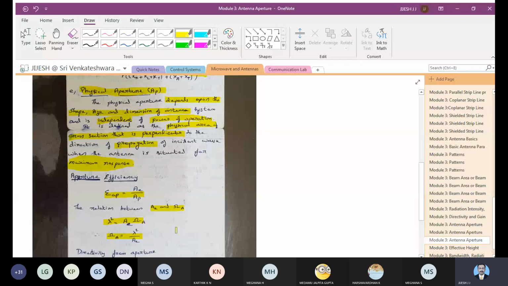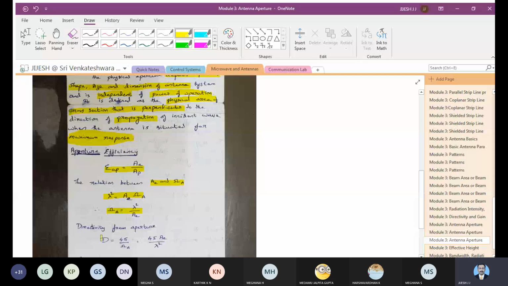Okay. Now let us see how the directivity is 4 pi by omega A, and omega A is lambda square by A. So how can you relate the directivity with the aperture? Omega A is lambda square by AE, so I can just substitute omega A here and write directivity in terms of effective aperture.